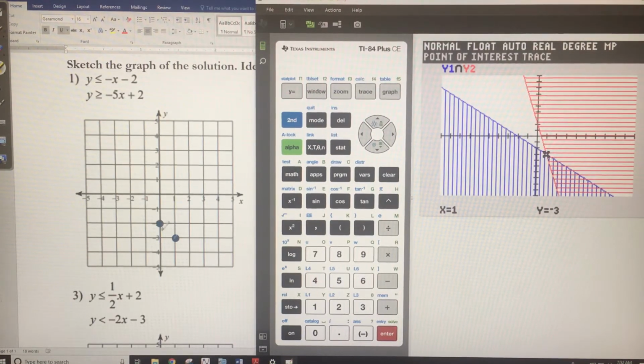So now, through those 2 points, I can draw my first line. And the reason why it's solid, 1, the graph shows us that, but 2, the inequality has an equal to.